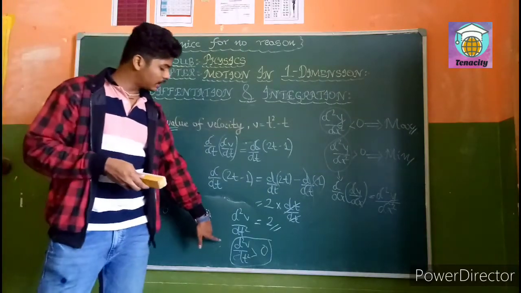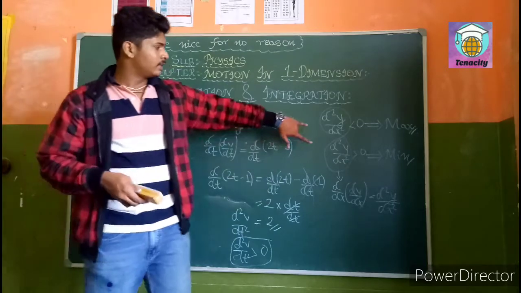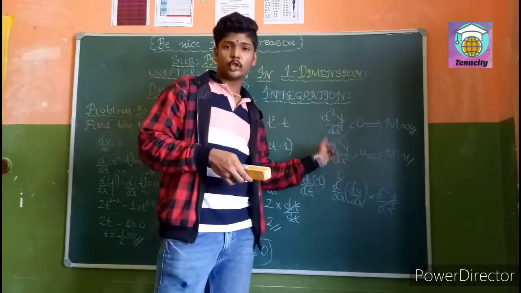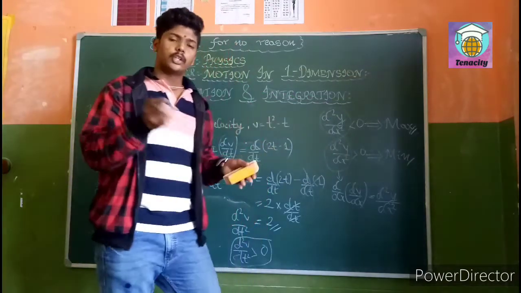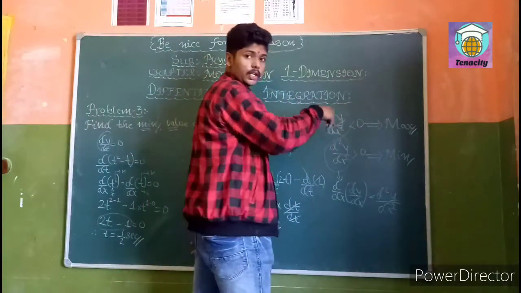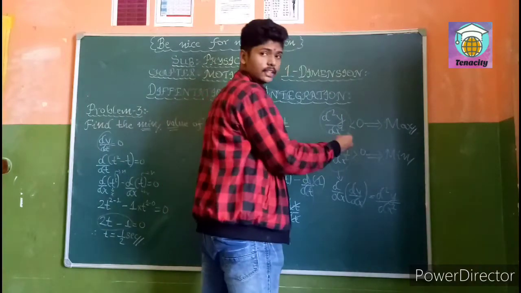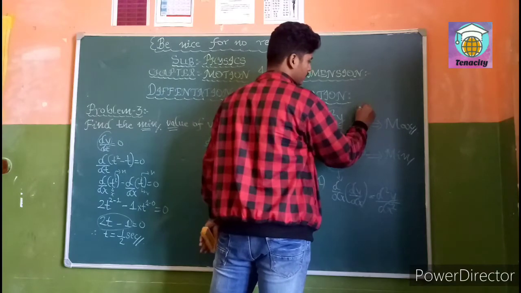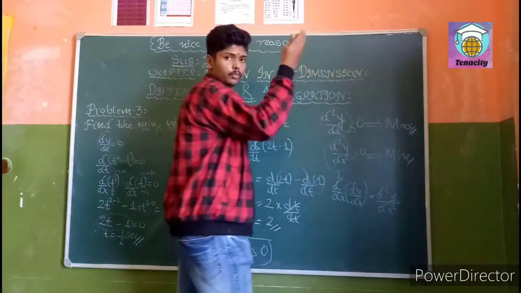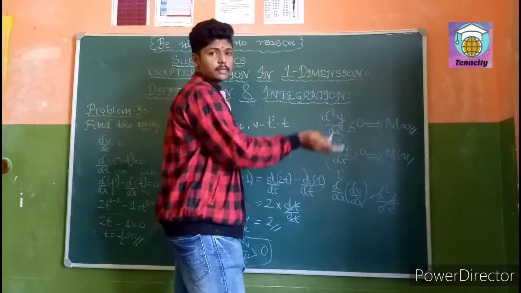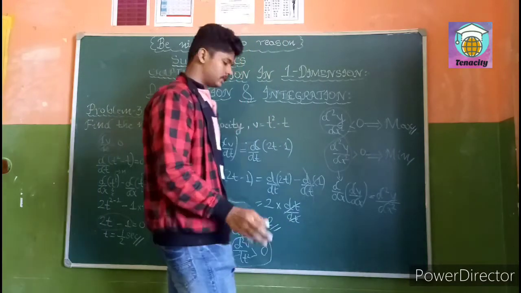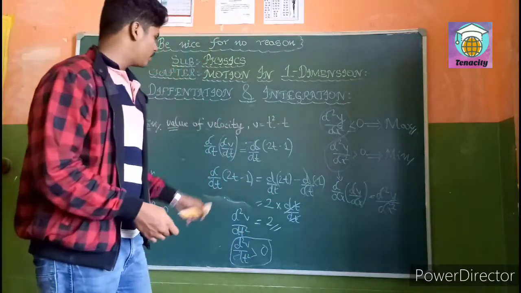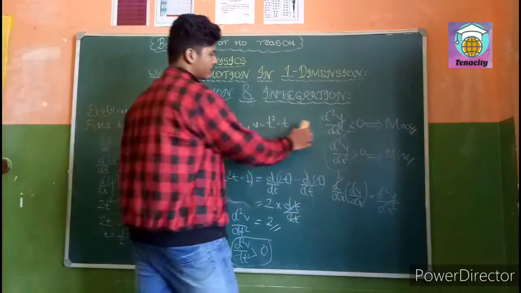Now we know that this is the minimum value by this condition: d square y by dx square less than 0 means it is maximum value. If it is greater than 0, it is minimum value. That is the condition.